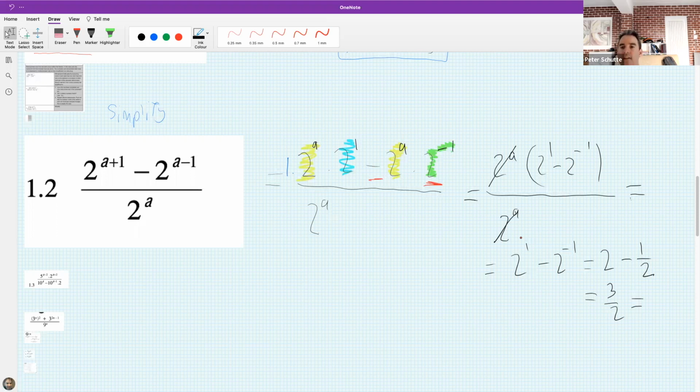Once we knew how to do that, it turns out we can still simplify more complicated looking exponential expressions. I'm going to leave it there for today because if I push too much more, this needs time to settle in your brain. And then on Wednesday, we will continue with this type of question.